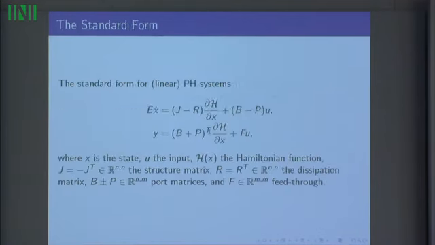Is E invertible? No, it could be singular. The most common example of E is an identity block and then a zero block for the algebraic equations. So it doesn't have to be invertible, although it would make our life easier if it was.